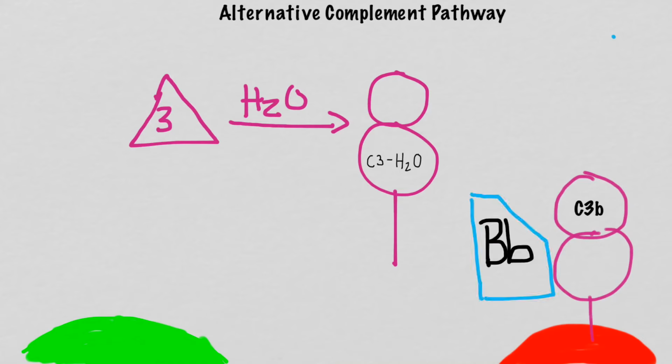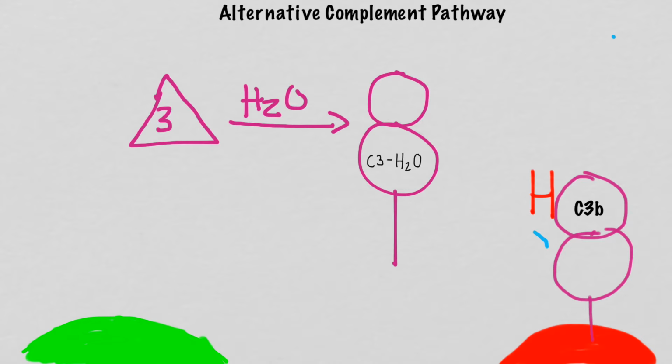This happens in a couple of ways. Remember earlier I mentioned factor H, or beta-1 inhibitor? Well, factor H actually works to dissociate Bb over here from C3b. This basically makes it so that the alternative pathway doesn't happen anymore, because Bb then goes away, and as it leaves, it winds up taking away the continued activating stimulus that would create more C3b.